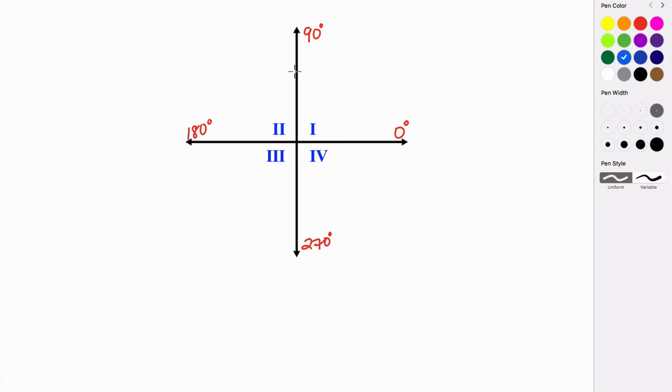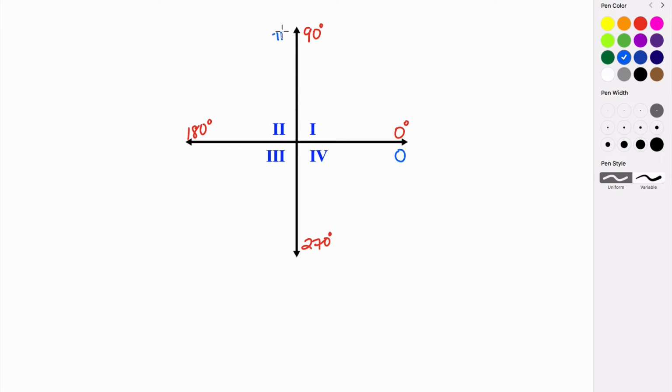Now, if we're talking about radians, we said that one full trip around the circle is 2 pi radians. So if we cut that in quarters, that's going to help us figure out the values around our axes. Again, we start at 0 radians. 2 pi divided by 4, that's 2/4 pi, or 1/2 pi.